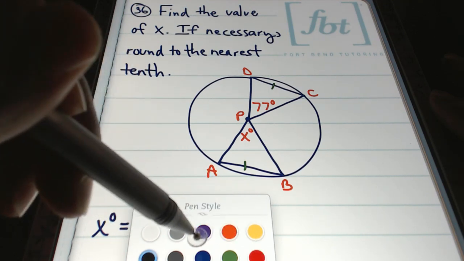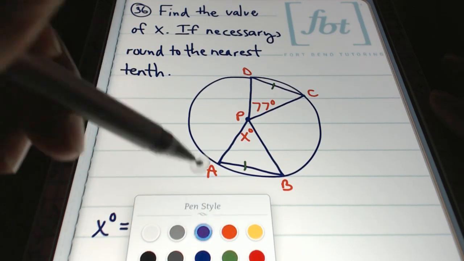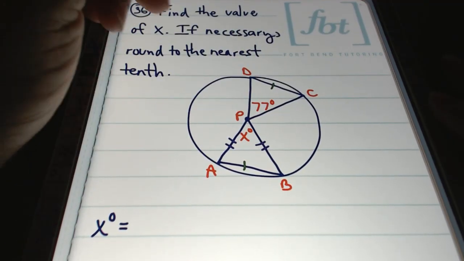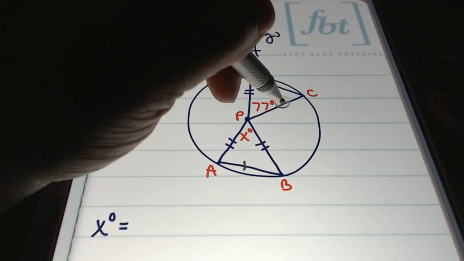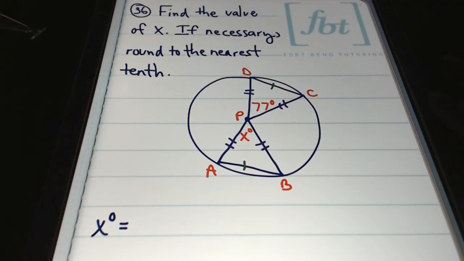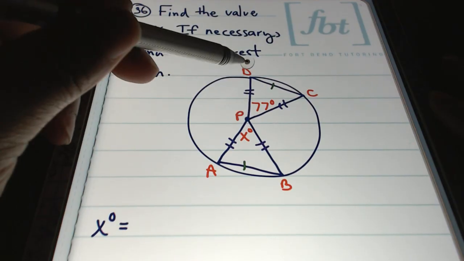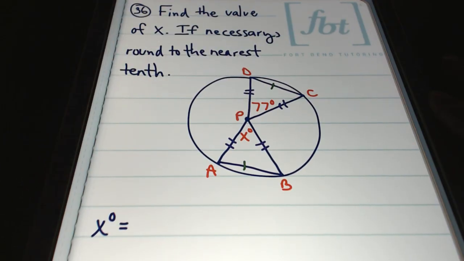And if each one of those is a radius, that means this segment has to be congruent to that segment, and this segment has to be congruent to that segment, because they're all going from the center to a point on the circle. They're all radii, so they're all the same length.